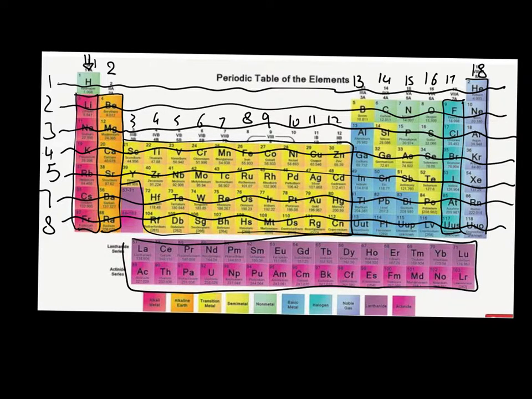Remember that those elements that are located at the bottom of the periodic table are part of periods 6 and 7, so you are not going to add more periods. This means that the modern periodic table is made of 18 columns or groups and 7 periods. Again, to reconfirm, the periods are 7: 1, 2, 3, 4, 5, 6, and 7.